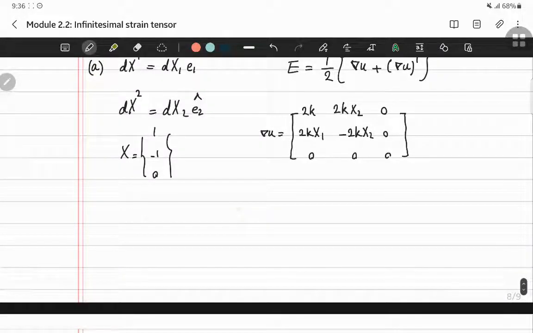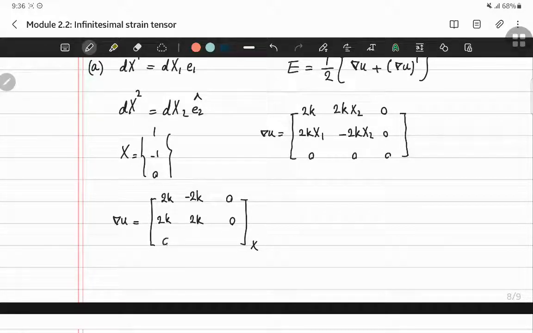So del U for this point, basically is 2k, minus 2k, 0, 2k, 2k, 0, 0, 0, and 0.